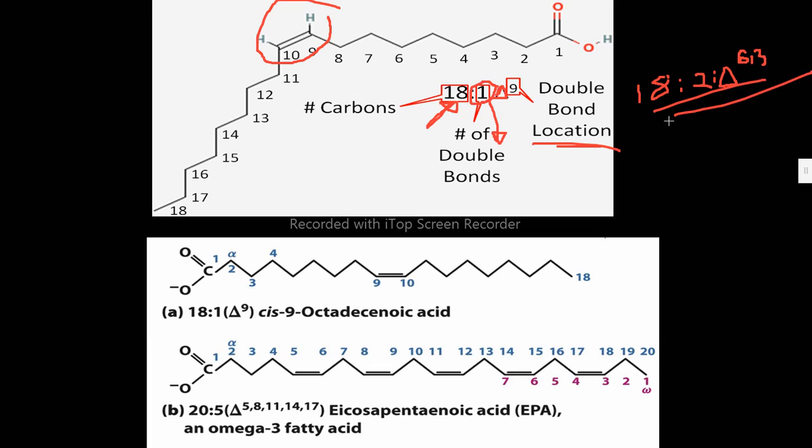So this shows that your fatty acid has 18 carbon atoms and 2 double bonds, and the double bonds are on carbon number 3 and carbon number 6. I think the 3 should come before 6.